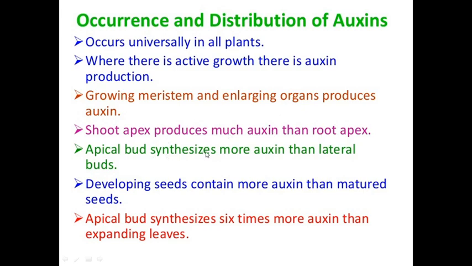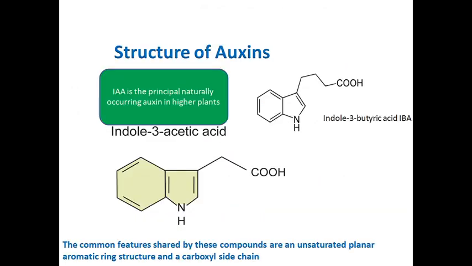The apical bud synthesizes more auxin than the lateral bud. The apical bud is the one present on the top, and the lateral buds are present on the sides of the plant. Developing seeds contain more auxin than matured seeds. The apical bud synthesizes 6 times more auxin than the expanding leaves. I hope this is clear, occurrence and distribution.